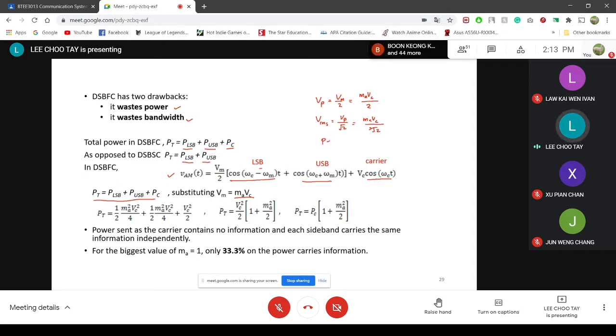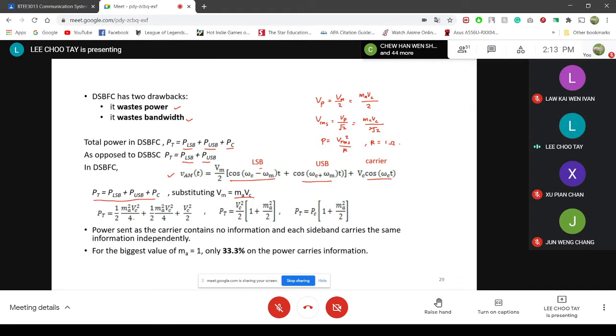Power will be VRMS square over R, V square over R. In this case, we're going to use R equals 1, so that will be VRMS square. So for upper sideband and lower sideband, that would be half of m_a square Vc square over 4.